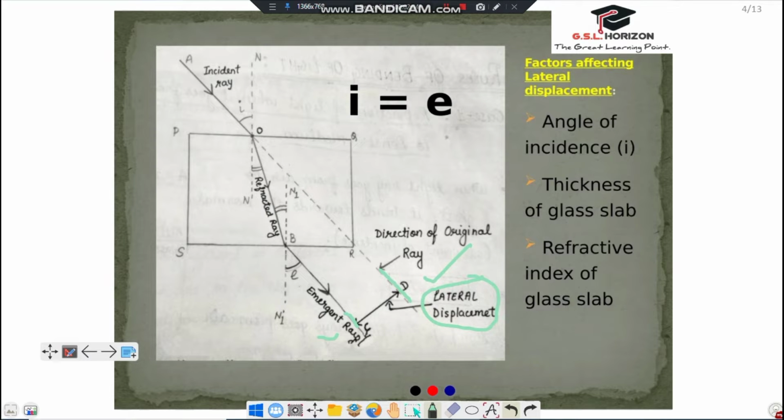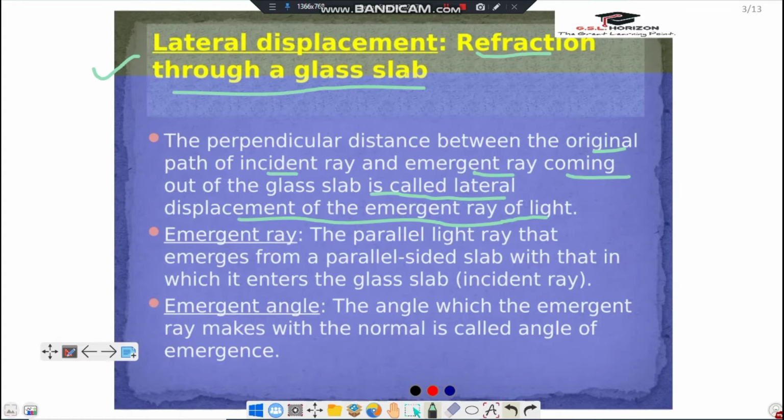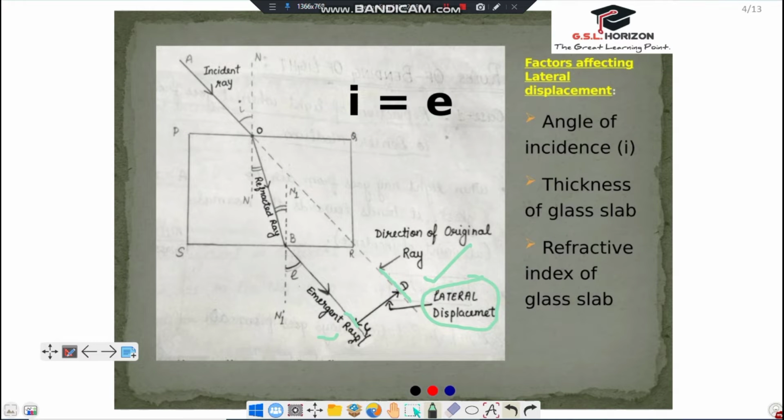Okay, friends, now comes the emergent ray. The parallel light ray that comes out of a parallel-sided slab is parallel to that with which it enters the glass slab. As you can see here, this is the emergent ray.